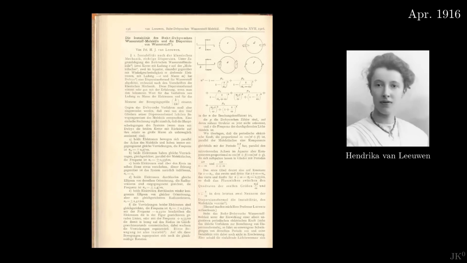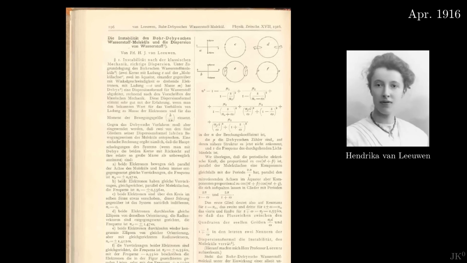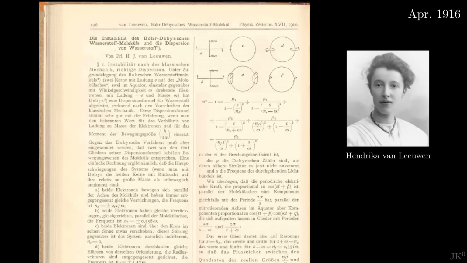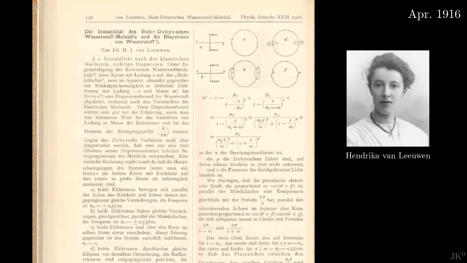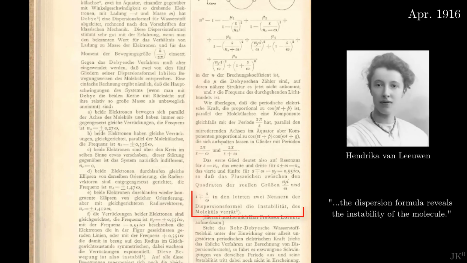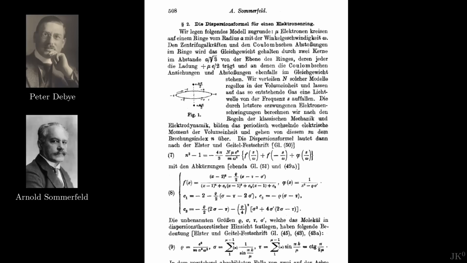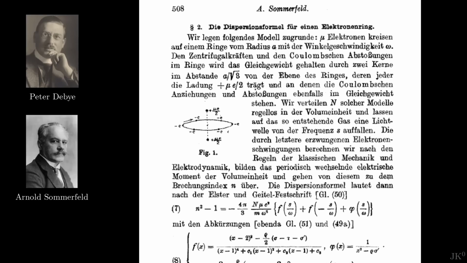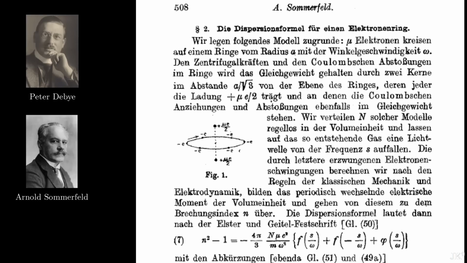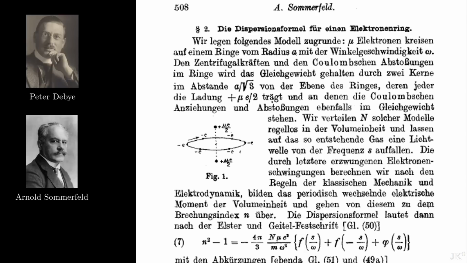But she was still a doctoral student in April 1916 when she demonstrated that the Debye-Sommerfeld model implied that, contrary to observations, the hydrogen molecule would be unstable. Another important flaw of the Debye-Sommerfeld model was that it only worked if the resonance and absorption frequencies were different, also in contradiction with observations.